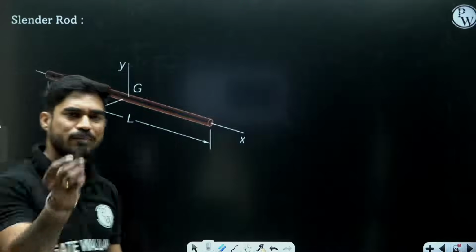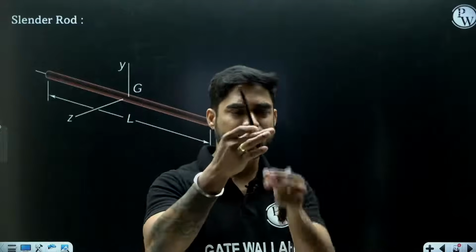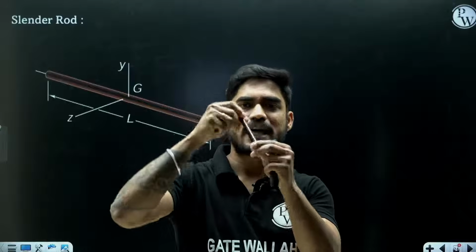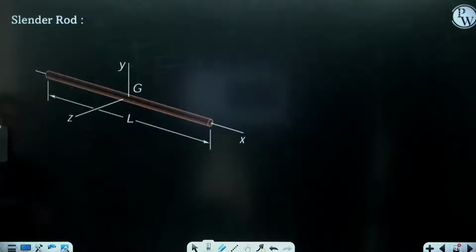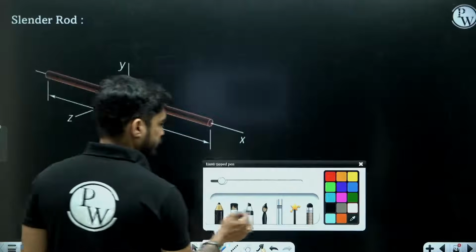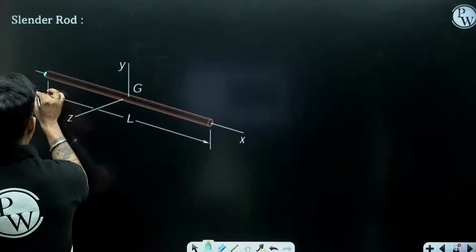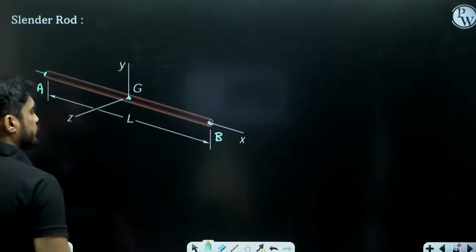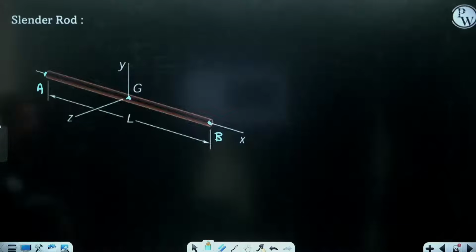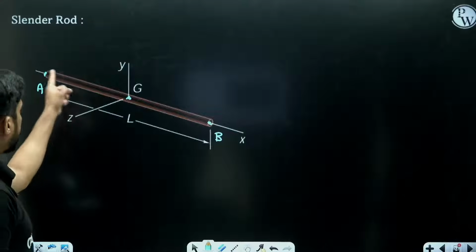For example, this is a slender body. Can you see that the length is very large compared to the cross section? Let's say there are 3 points: this is point A, this is point B, this is point G. G is the center of gravity, and A and B are the end points.